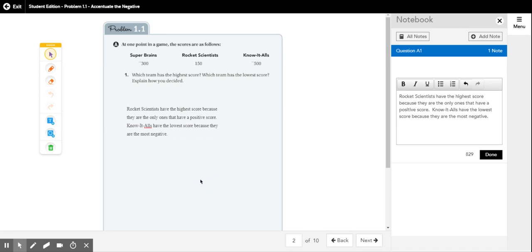They're the only ones that are above 0 in the number of points. And every positive integer is larger than every negative integer. So there's no positive integer that could possibly be less than a -1. So in this case, rocket scientists, being the only ones with a positive score, are in the lead. Know-it-alls are the ones that have the lowest score.